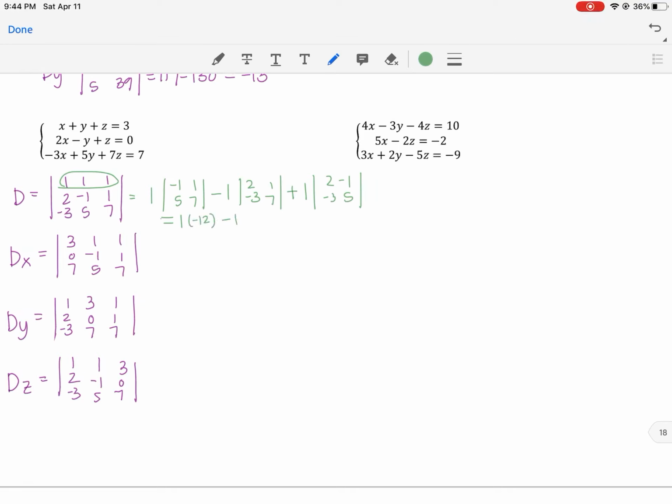So here, we then do the determinant. Negative 1 times 7 is 7, minus 5 is going to be negative 12. Minus 1 times 2 times 7 is 14, minus a negative 3, so it's really like negative 14 plus 3, which is 11.